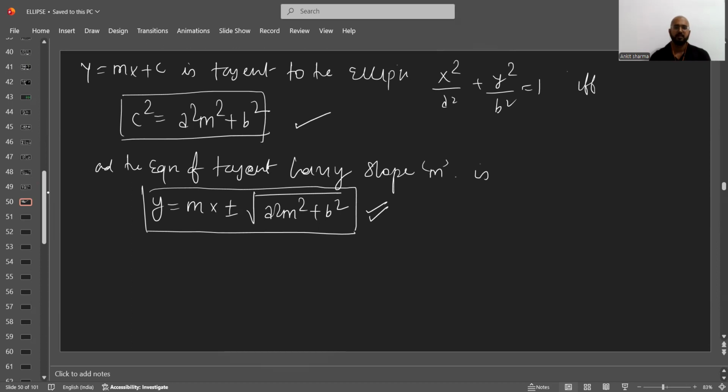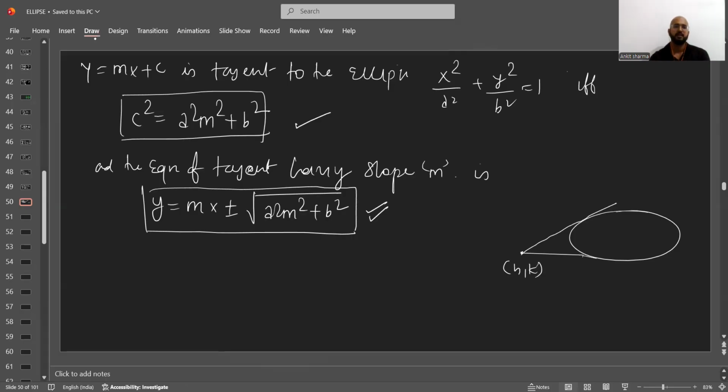Now suppose I have my ellipse here and there is a point here. From this point I have two tangents passing. Suppose this is my point h comma k.